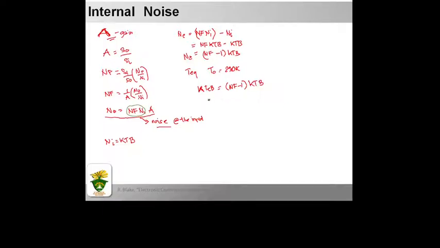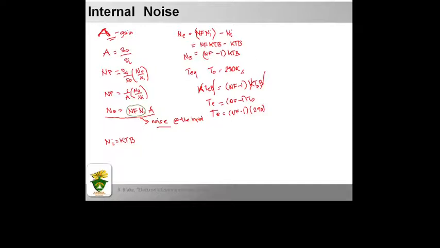Therefore, what would cancel out? We have K, B. So what we have left here is T equivalent is equal to NF minus 1 times T. And assuming that our temperature is at room temperature, typical value 290 Kelvin or 27 degrees Celsius, we have T equivalent is equal to NF minus 1 times 290.